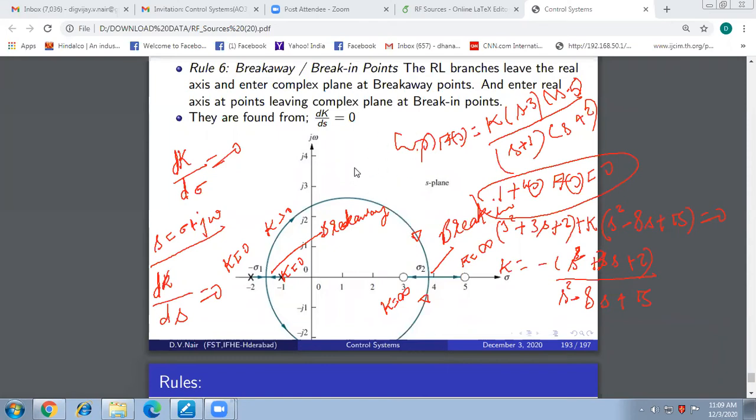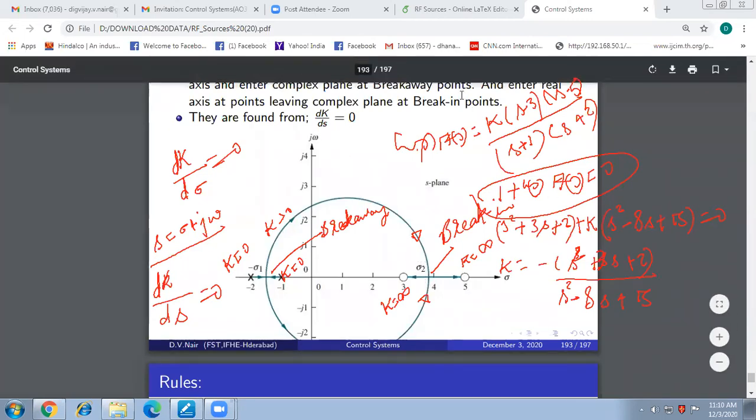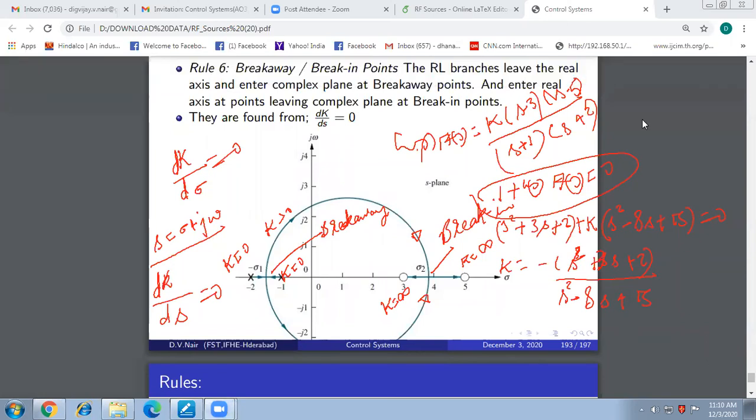Yeah, see, let me also solve this. Here it's coming out to be somewhere, no, how much is it? Minus 1.5 as the breakaway point, and around close to 4, right? It is the break-in point. You will get this, don't worry. 100% you will get it, right? Just look into that. So let me see what is next.